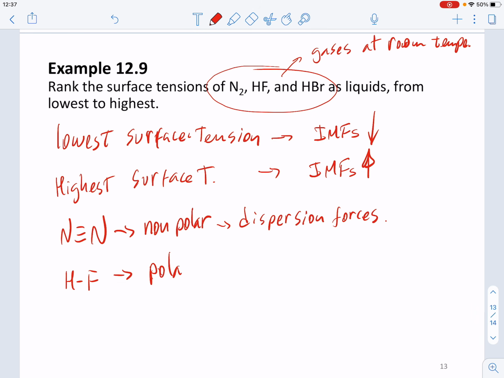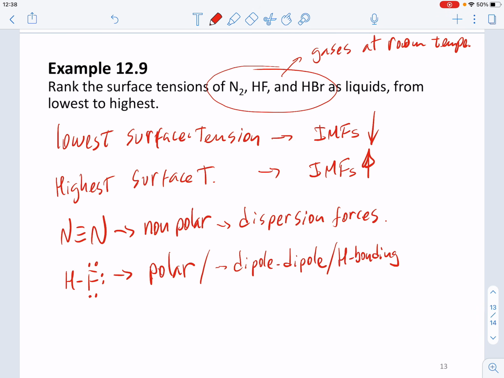So this is a polar molecule, which means you have dipole-dipole, but this molecule is also special because you have hydrogen attached to a fluorine, then you have fluorine with available lone pairs, so this molecule will also exhibit hydrogen bonding, and hydrogen bonding will be the strongest intermolecular force. If you compare hydrogen bonding to dipole-dipole, the hydrogen bonding wins.